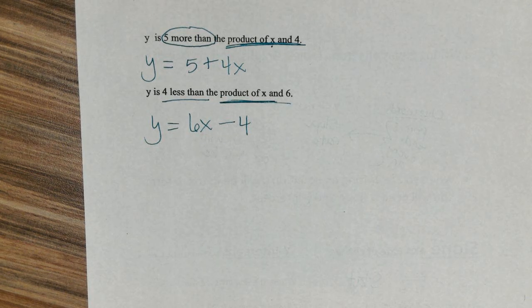It is a graph. Look at the answer choices. What form are these in? Y equals mx plus b. Are y'all listening to me? This is the slope. This is the y-intercept.